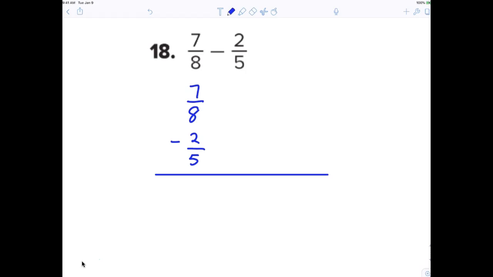So what do I multiply the first fraction by? And so that's going to become, wow. What about the bottom one? Good job. Now what's 35 minus 16?